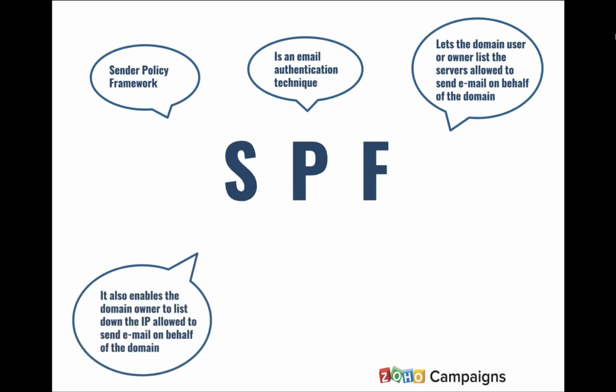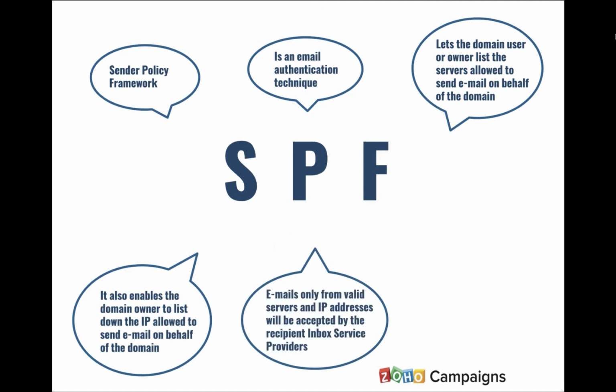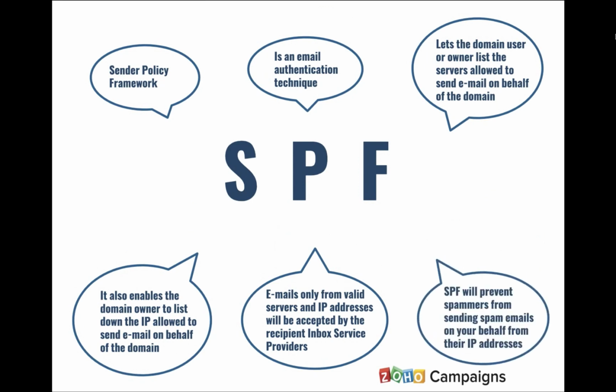As I have said, it also enables the domain owner to list down the IP that is allowed to send email on behalf of the domain. And if this matching of the domain and the IP address is found to be authentic, only after that the recipient inbox service providers allow the email to be put in the inbox.